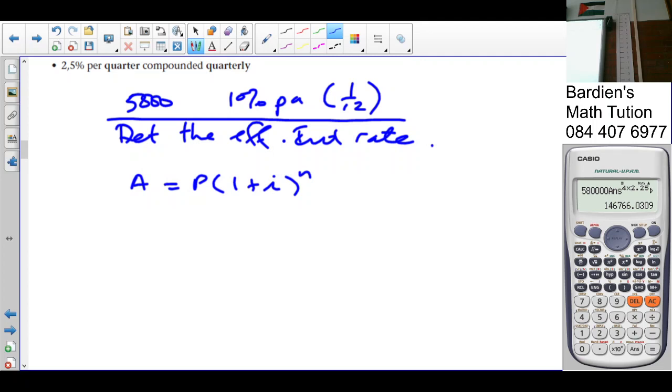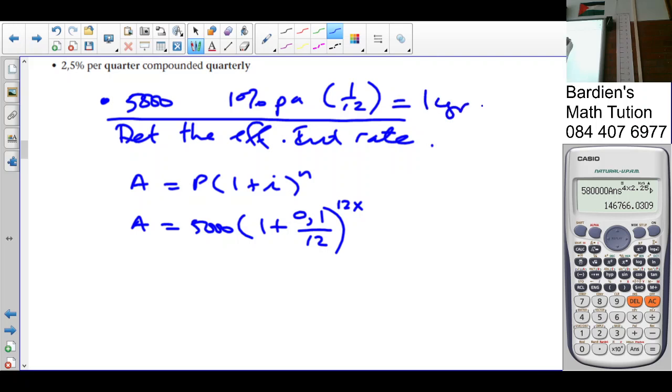So my formula here for this case would be A is equal to P, which is 5,000, into 1 plus 0.1 over 12 to the exponent 12 times 1. Okay? You all agree with that?